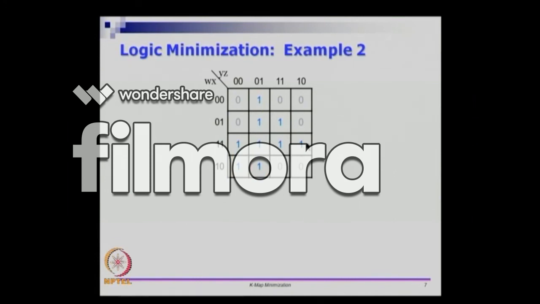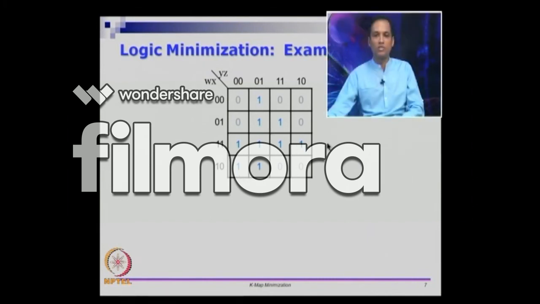We can see that there is a group of 4 ones here, there is a group of 4 ones here, there is a group of 4 ones here, and so on. There are several groups of 4 here. So let us pick all the things that we need. There are 4 groups of 4 here. This term corresponds to w being 1 and y being complemented, so you have w y bar.